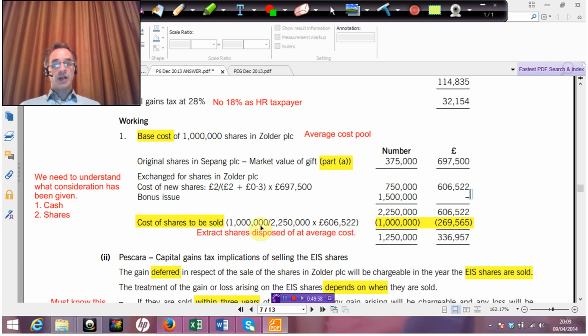And how we would do that very simply is multiply by 1 million over 2.250 times the cost. That's how we're going to get a cost for those shares. We just extract the shares at an average cost value. And then we get the balance left over. In other words, this is the balance carried forward on the pool.